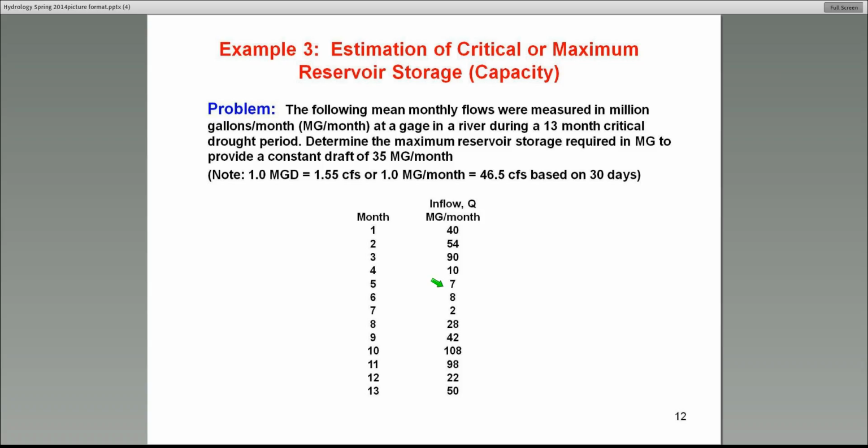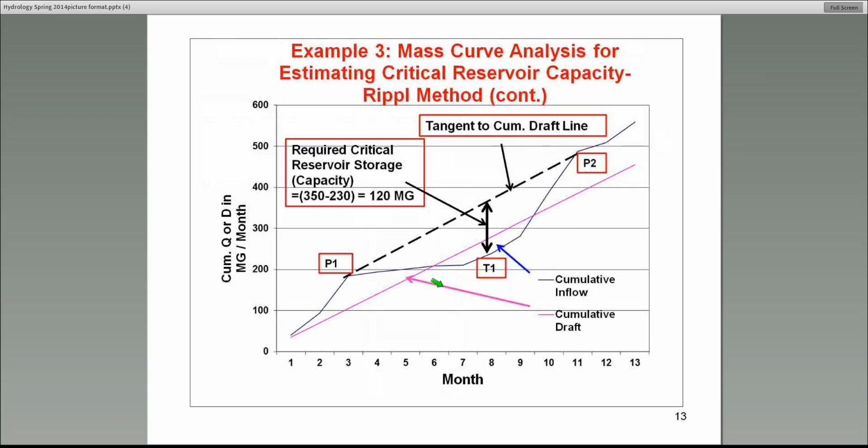So how do we handle that scenario? Well, the only way to do it is to smooth out these demand fluctuations. And the way to do that is called the mass curve analysis method. If they give you this graph, it will work fine, but I'm going to illustrate how this method works first, and then we can also move to the analytical method here.